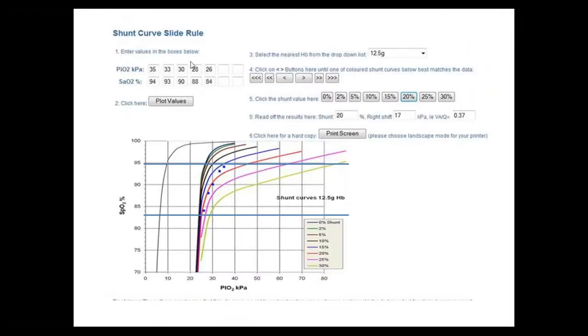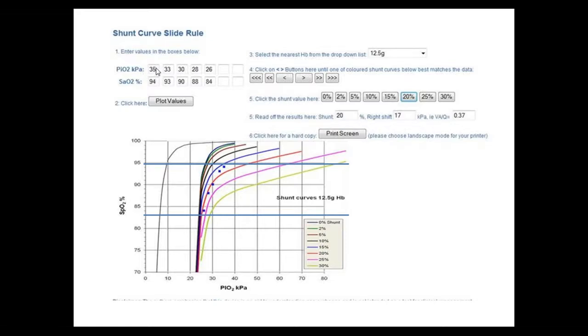There is software available online, and we can apply the same concept on the software. So you have inhaled oxygen pressure in kPa, which, if you are at sea level, is almost the same as the inhaled oxygen fraction. So if the infant is inhaling 35%, it will be almost 35 kPa pressure.